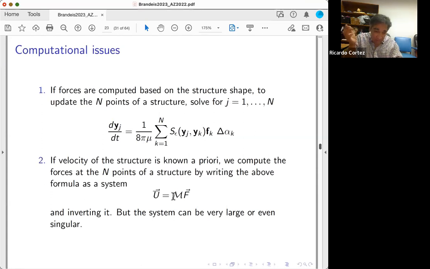And this depends on the geometry and what you're doing. For example, if you had a sphere, this matrix could have a non-trivial null space, because in the case of a sphere, if you just push on it normal to the sphere with equal forces, nothing moves because it's incompressible, right? So that's the null space in that case. But for open curves like flagella, I don't think there's a null space.